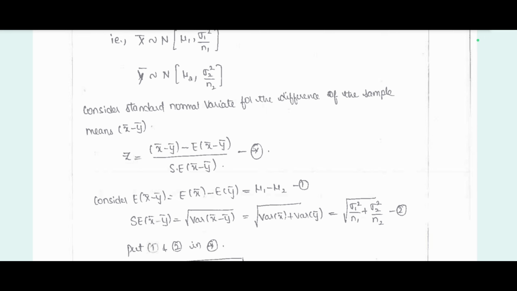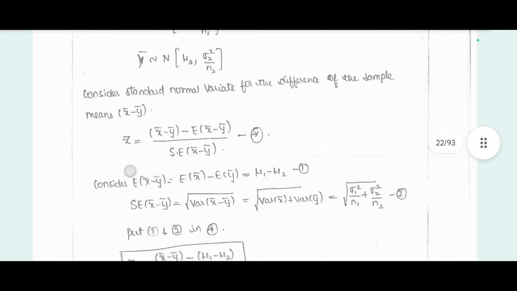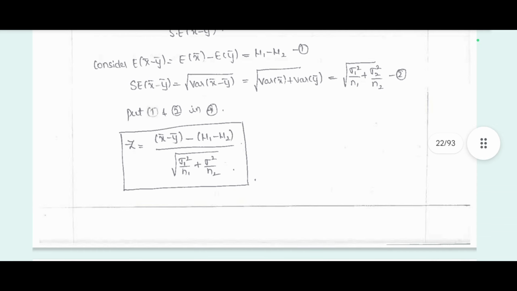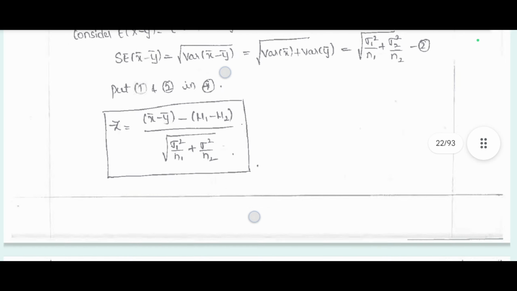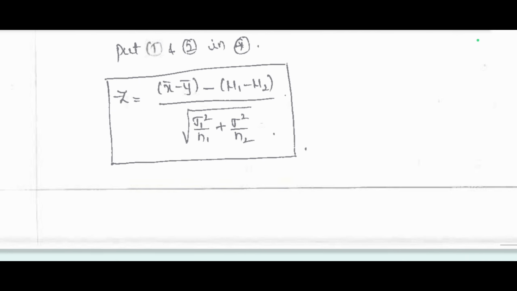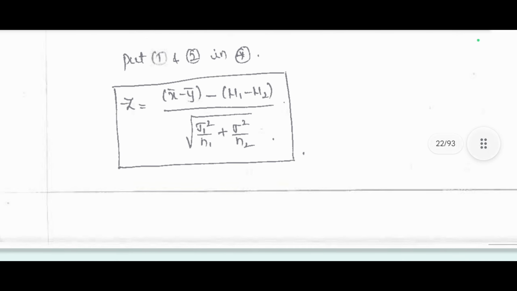So x bar minus y bar, the expected value of x bar minus y bar, and the standard error of x bar minus y bar. If you substitute it, the Z calculated will become: x bar minus y bar minus mu1 minus mu2, divided by sigma 1 square divided by n1 plus sigma 2 square divided by n2. Here the sigma 2 square is missing. Okay, you have to write it under root.